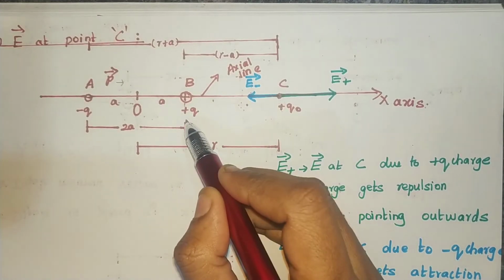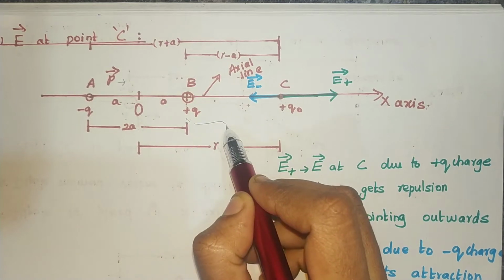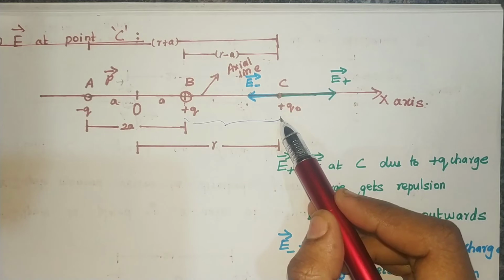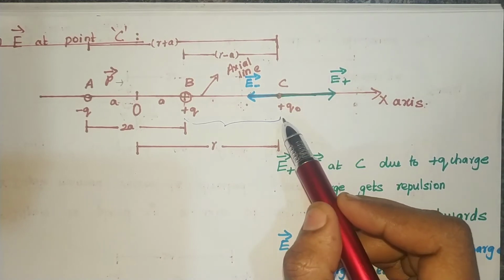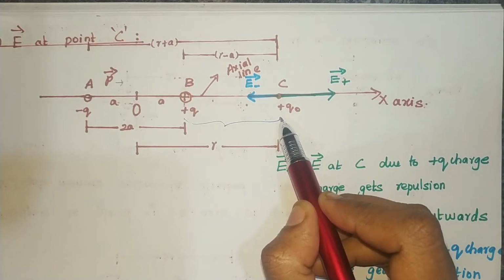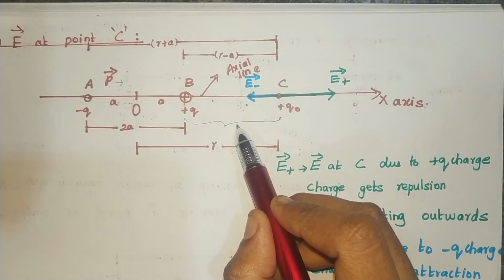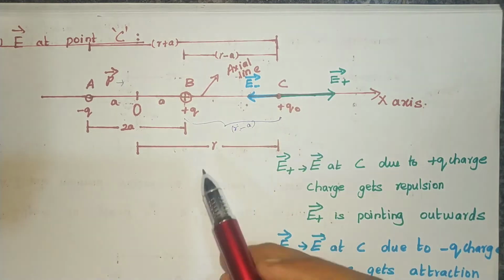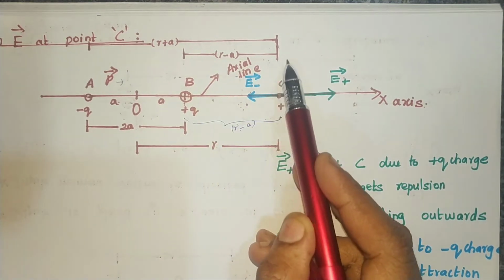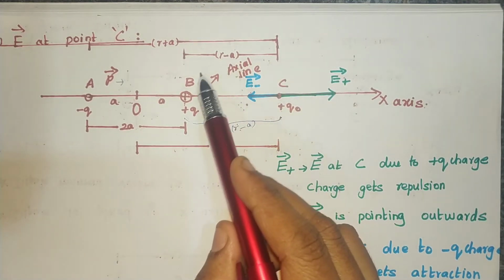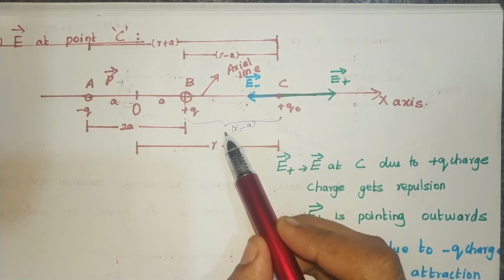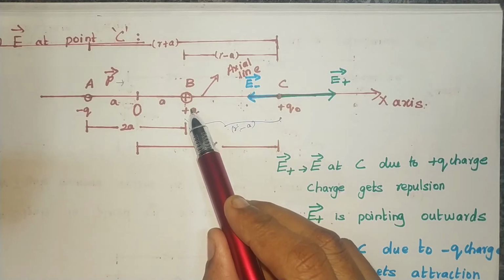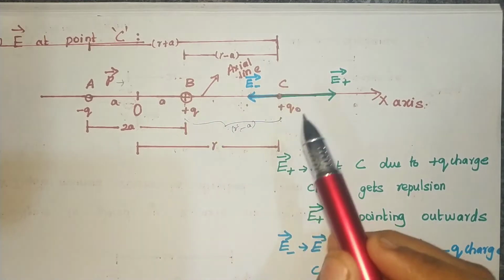The point C is at a distance of r minus a from plus q. அதான் இங்கே கொடுத்துருக்கு. ஓகேயா?